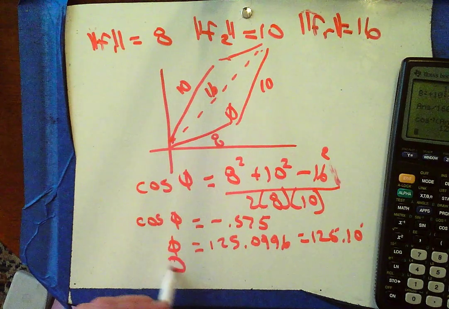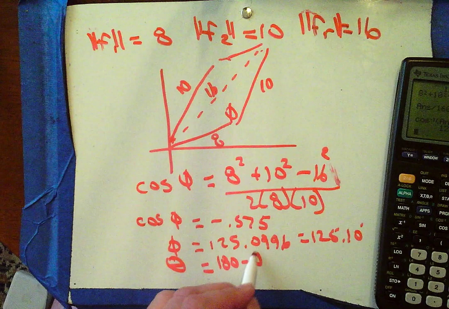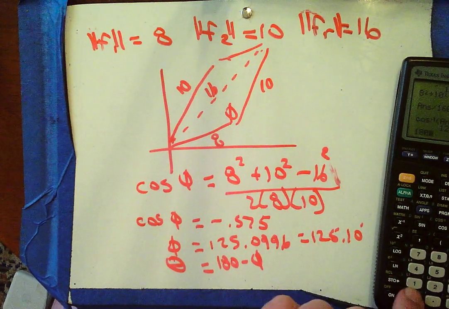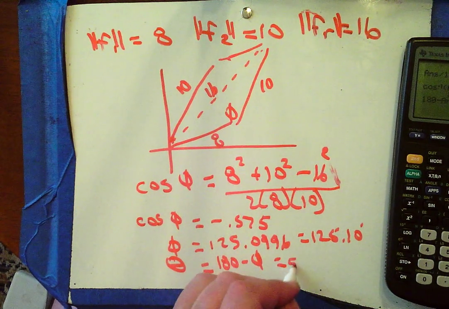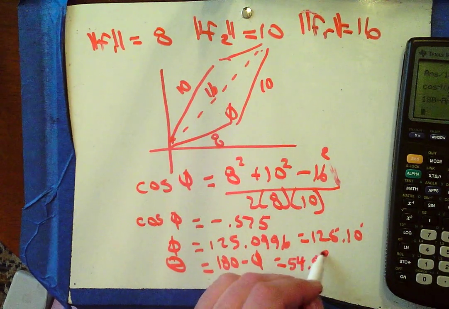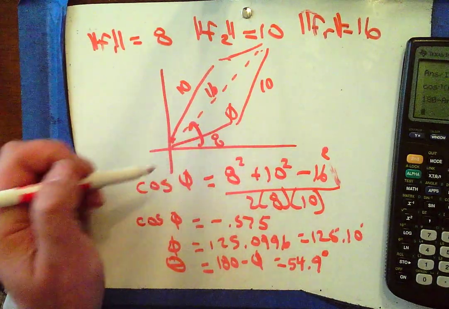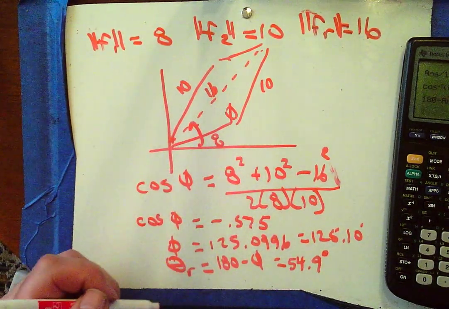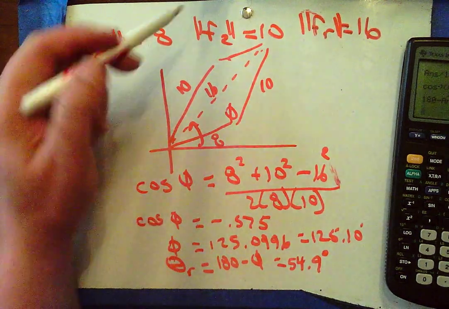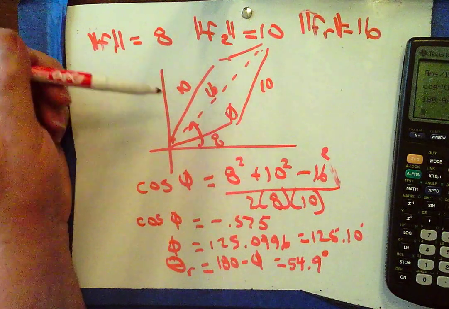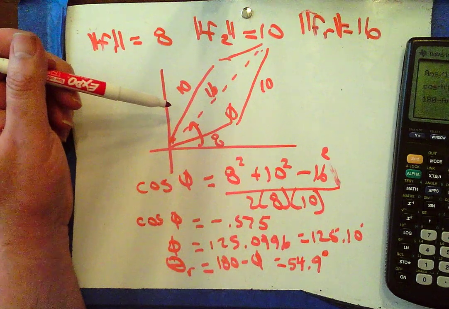And therefore, theta is 180 minus phi, 180 minus that angle, and we get 54.9 degrees. That's our resultant vector's angle, theta r. Okay, great. And we've got the magnitude of r. And if I really wanted to, I could write the component form of r.